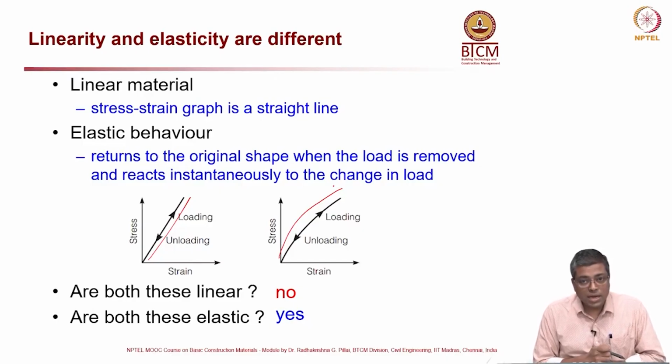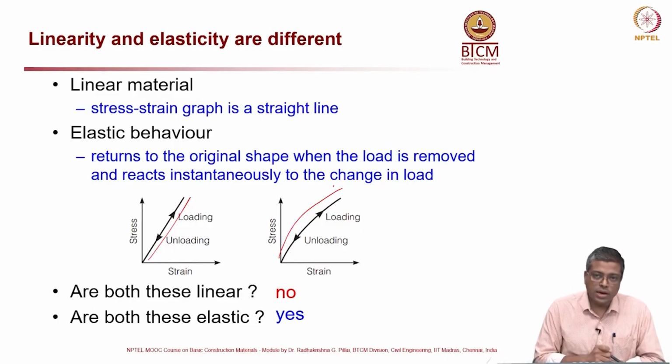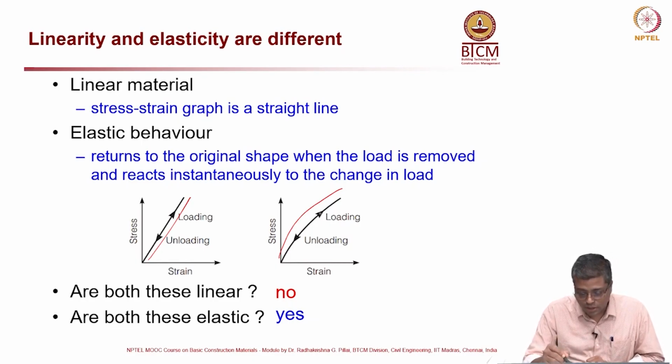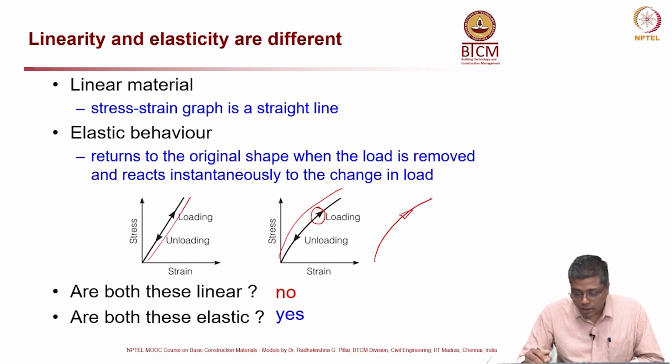And are both these elastic? Okay. Both are elastic. So, do not say elasticity is only dependent on linear graphs; a non-linear graph can also be elastic. In the second graph, this arrow here indicates the loading. So, I load the material like this, and when I unload it, if it follows the same path in coming back, then we can say it is an elastic material.